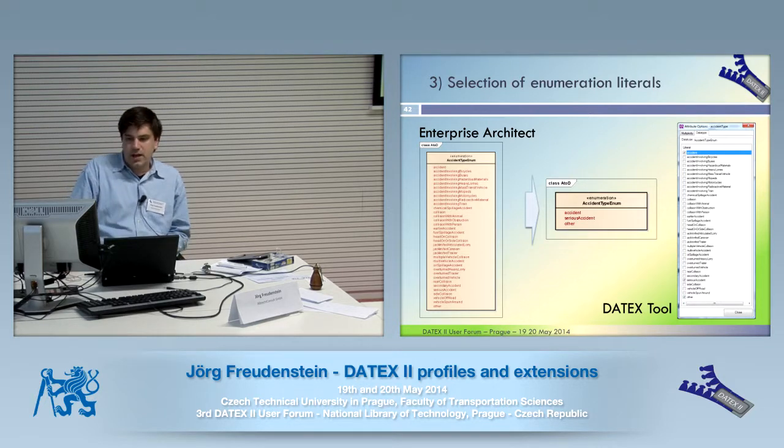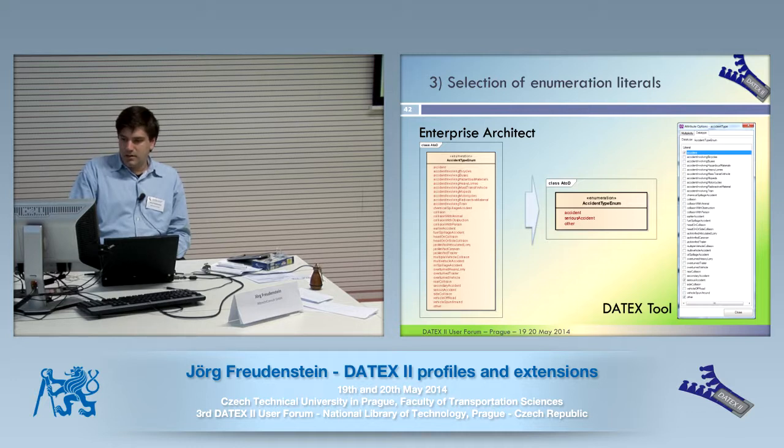And what we want is an enumeration which has the elements accident, serious accident, and other. Maybe that's enough, more we don't want. You can see we can make it in Enterprise Architect. This is a restricted view. In the background, the list is as long as here, but you have a smaller view on it.